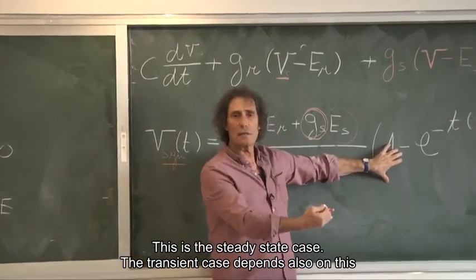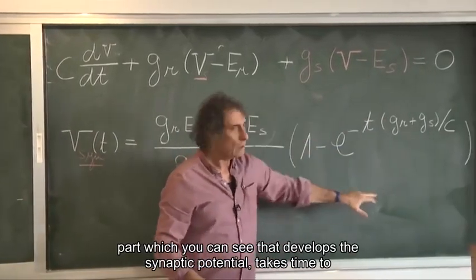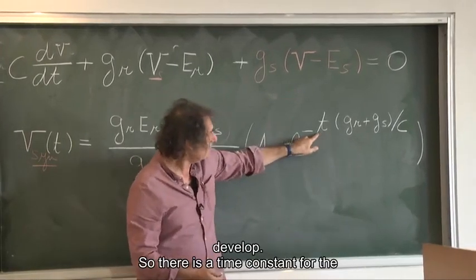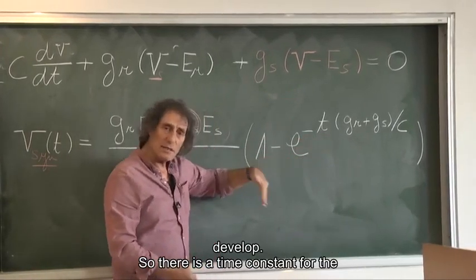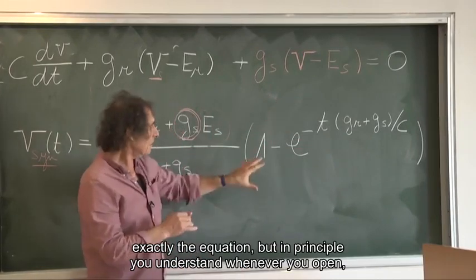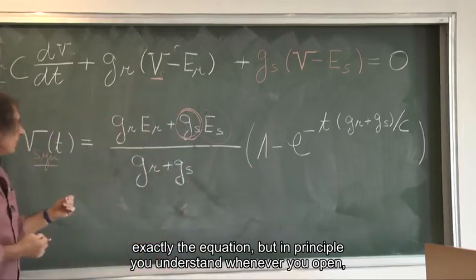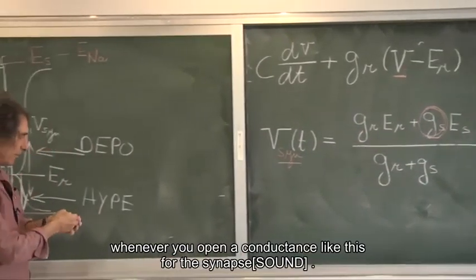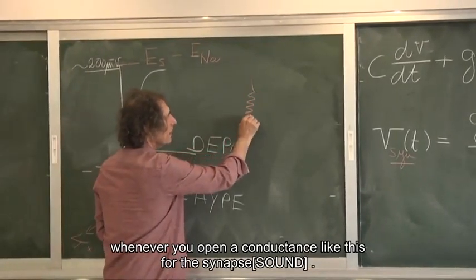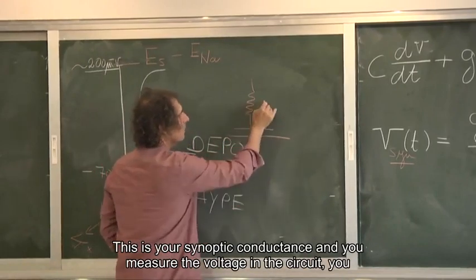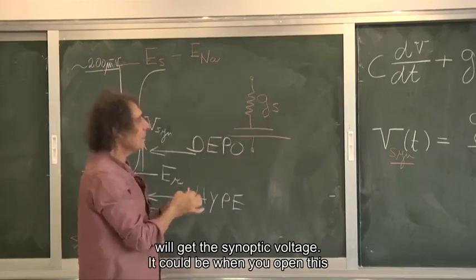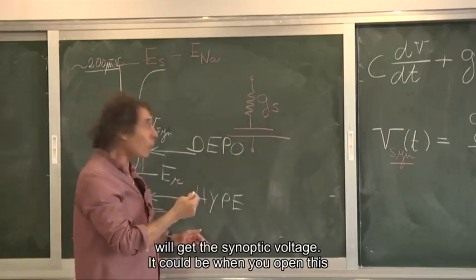The transient case depends also on this part, which you can see develops the synaptic potential and takes time to develop. So there is a time constant for the synaptic potential. We don't need to discuss exactly the equation now, but in principle you understand whenever you open a conductance like this for the synapse, this is your synaptic conductance, and you measure the voltage in the circuit, you will get the synaptic voltage.